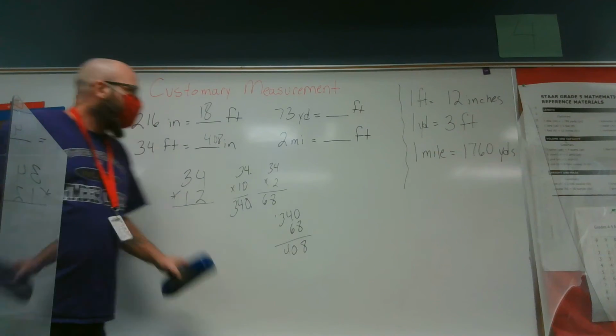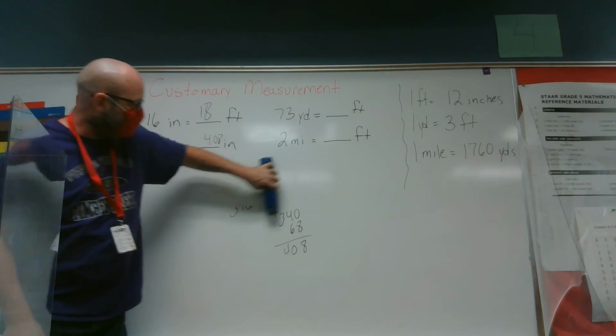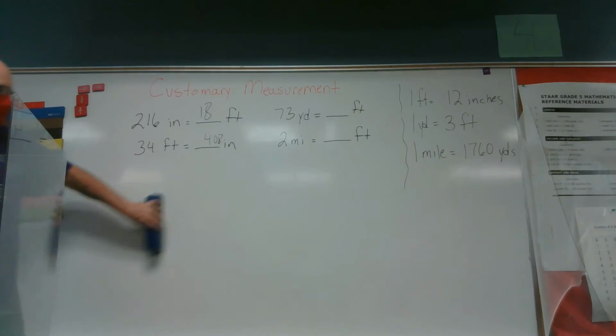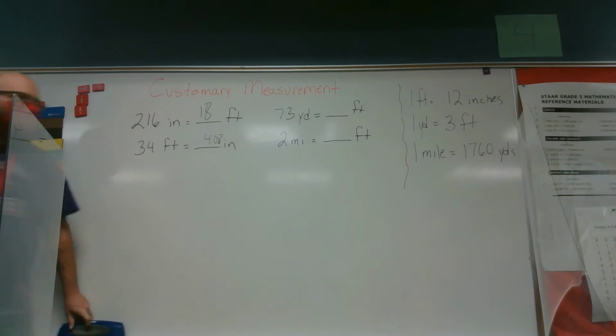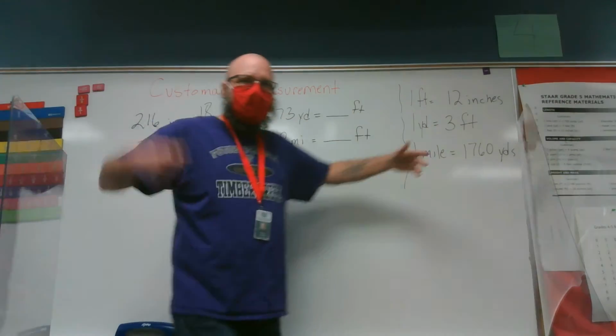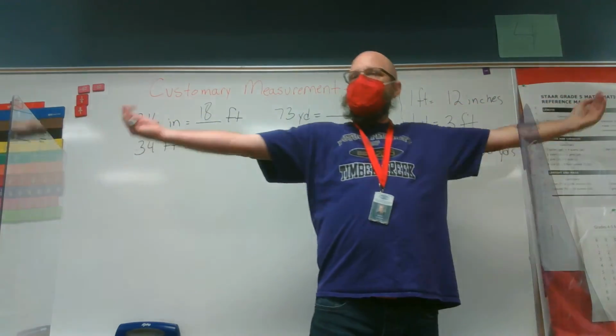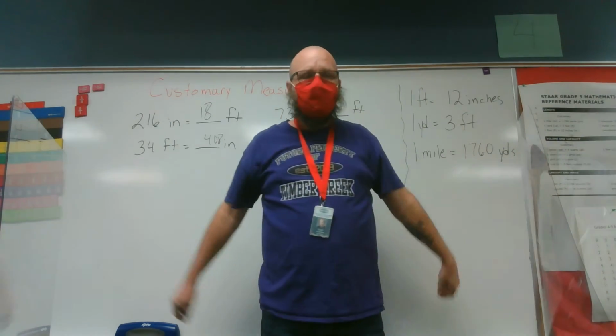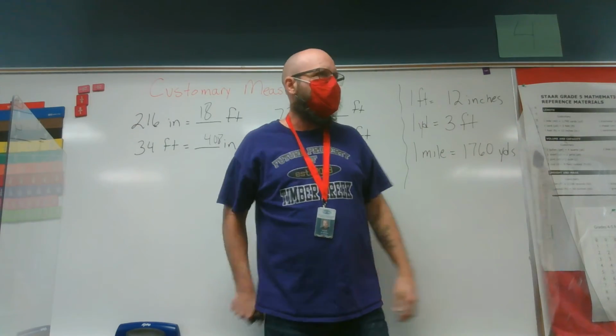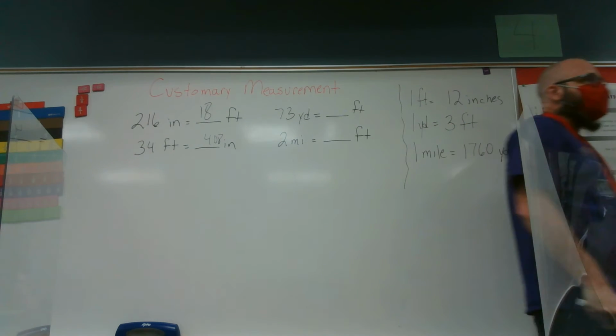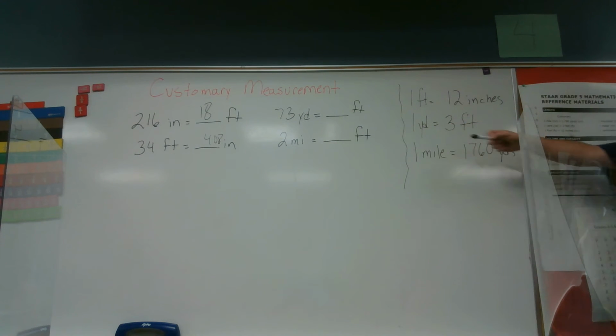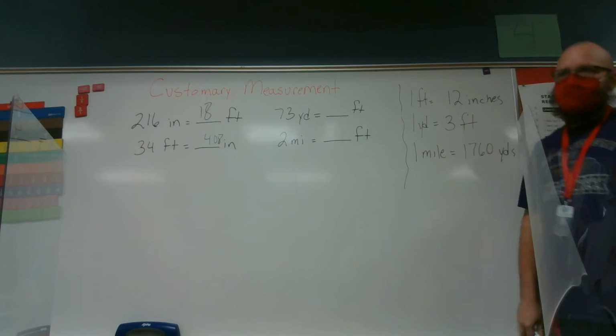We are going 73 yards equals how many feet? Which are bigger, yards or feet? Yards. So since we know the yards, and we're changing to feet, that means multiply. Yards, feet, multiply. And we have to go back and look at our formula chart. 1 yard equals 3 feet.